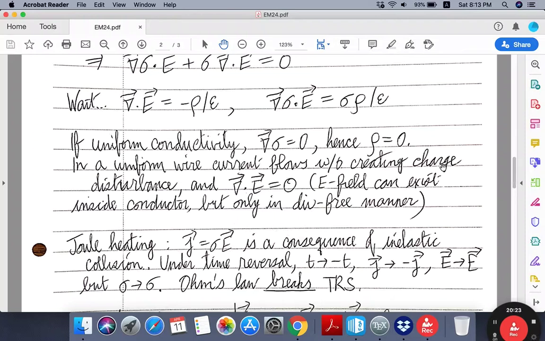So what I mean is that if there were any charge inhomogeneities, then it's possible to create locally some regions where the net charge is not zero, but maybe you have a lump of region with an excess positive charge and you have another lump with an excess negative charge. But such a situation can never arise once you assume a uniform medium where the conductivity remains constant everywhere.